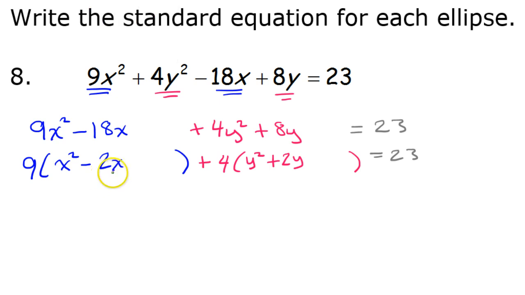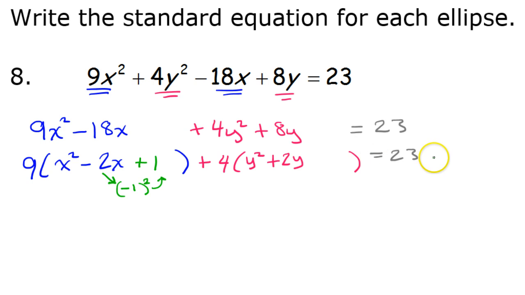Now it is time to complete the square. When you complete the square, we do half of the middle and then we square that. So half of this would be negative 1. And then if we square that, it gives us positive 1. So I'm going to put a plus 1 right here to complete the square. Now I need to add something to the right hand side to balance it out.